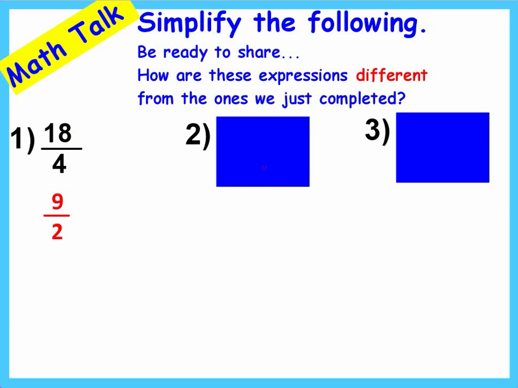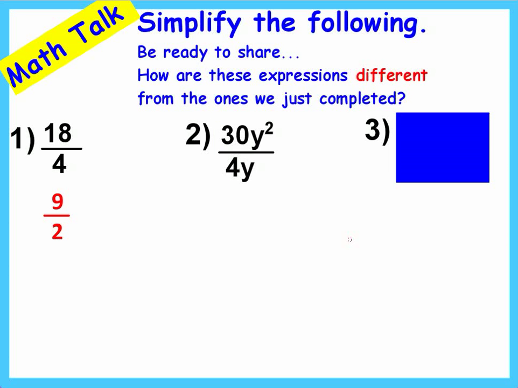So when we get to problem number 2, write this one down on your paper. Pause if you need more time. We can simplify this and we might have a fraction as our answer. We notice we see 30 and 4 on the top and the bottom of your fraction. You can't divide 30 by 4, but they are both divisible by 2.